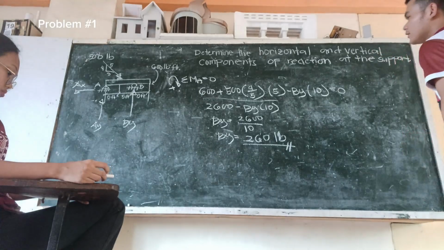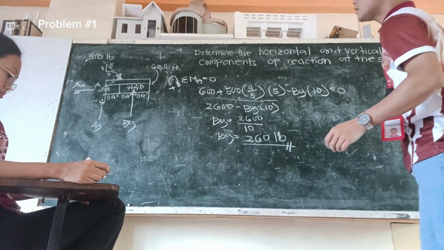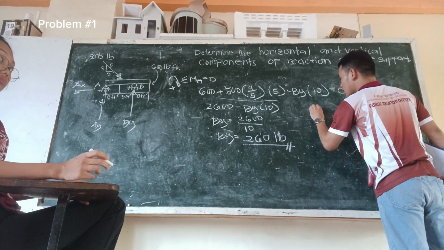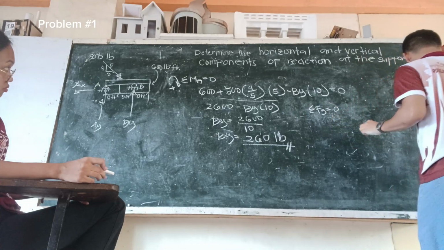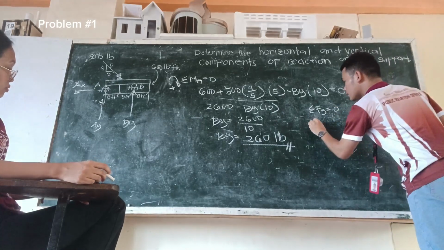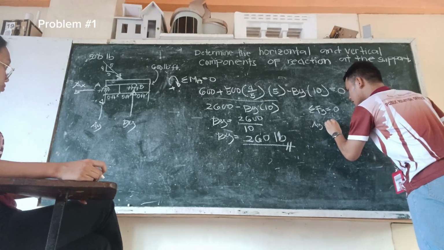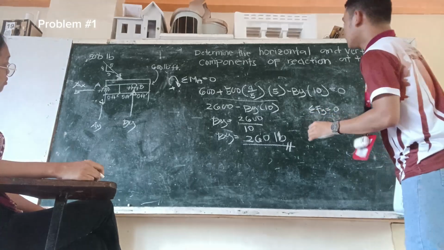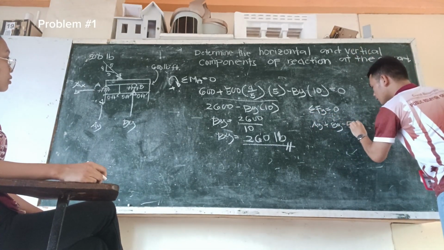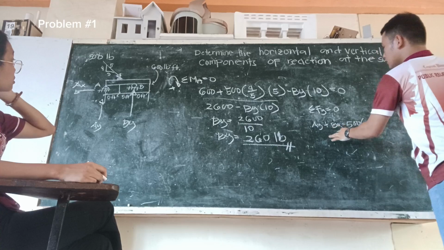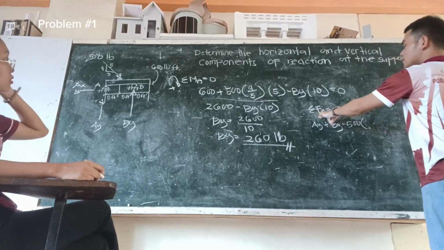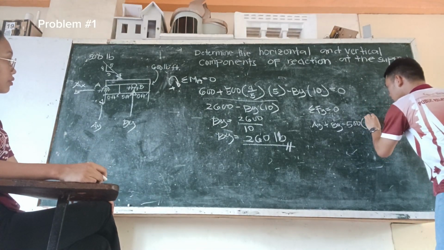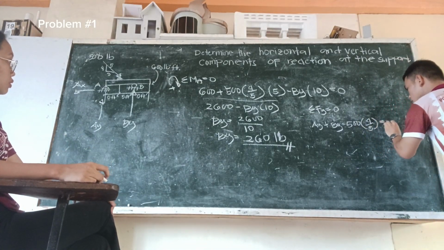The next to solve is our summation of forces along Y. The summation of forces along Y is equal to 0. So Ay plus By minus 500 times the vertical component, which is 4 over 5, is equal to 0.